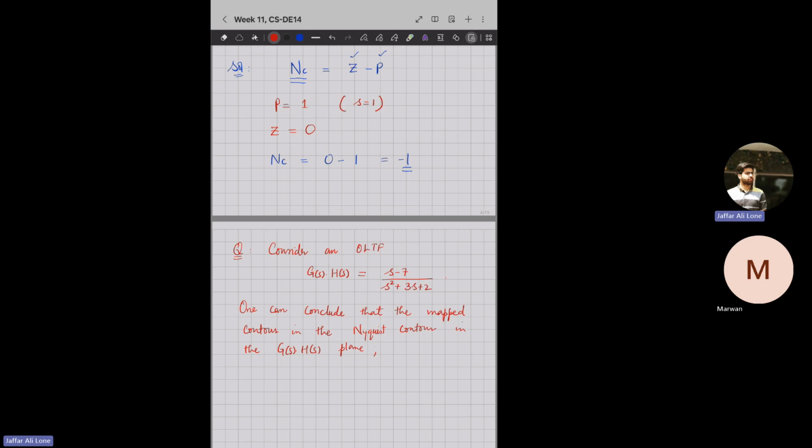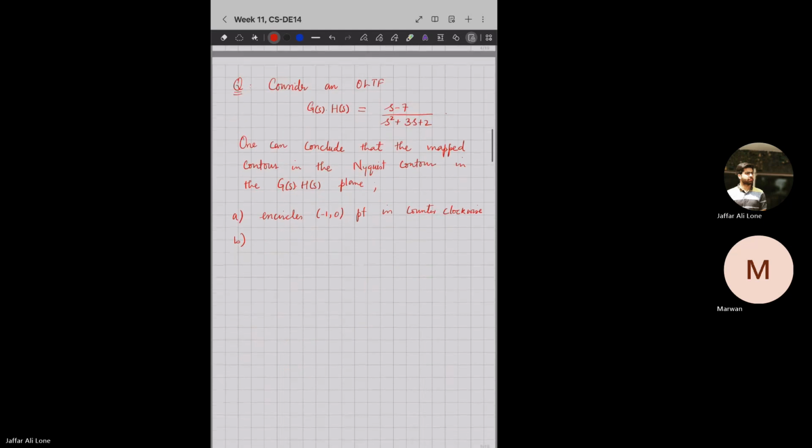Then you have options. Option A, it encircles -1 comma 0 point in counterclockwise direction. Option B, it encircles -1 comma 0 point in clockwise direction.